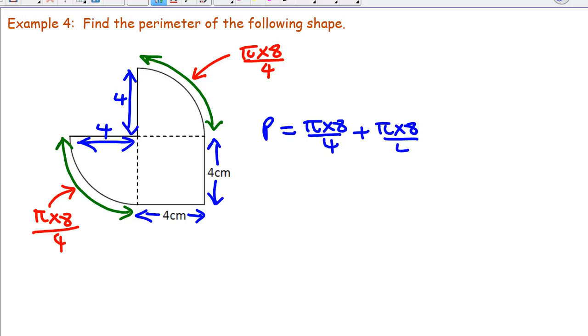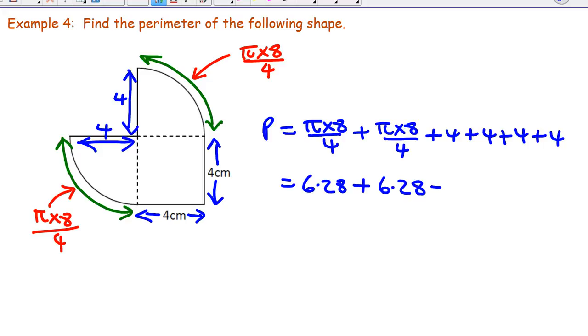You can just double that, gives you half a circle. Plus 4 plus 4 plus 4 plus 4. We end up with 6.28 plus 6.28 plus 16. That will give us 28.56 centimeters.